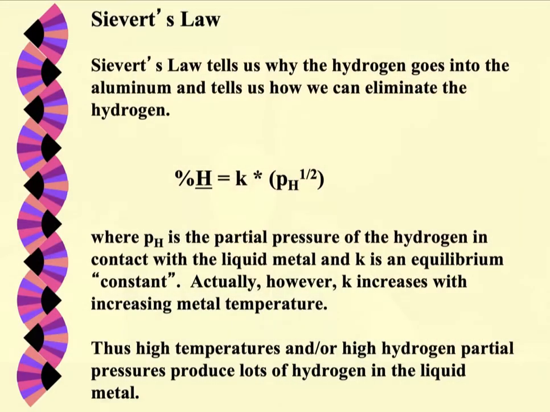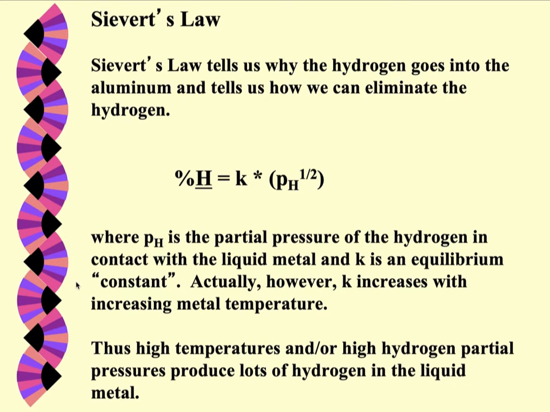Even though it says 14 psi for atmospheric pressure, it's really like 13 point something, and a small amount of pressure is coming from the argon that's in the air and stuff like that. Very small numbers, okay? But that's what the word partial pressure means, and you're going to need to know that in a second, because we're going to talk about Sievert's law.